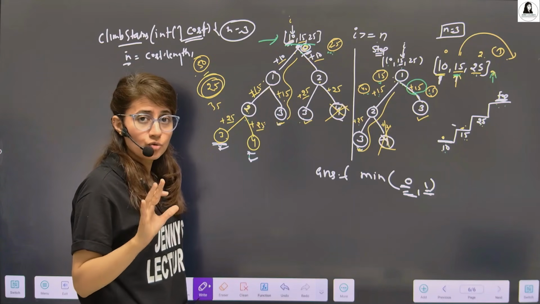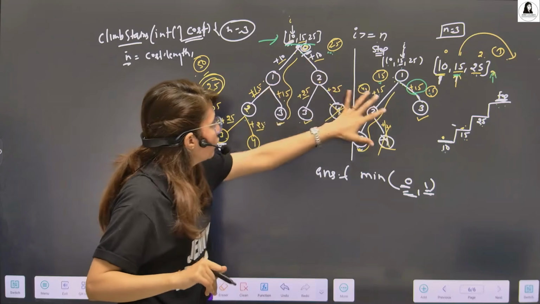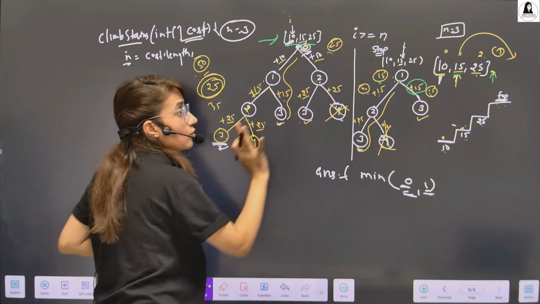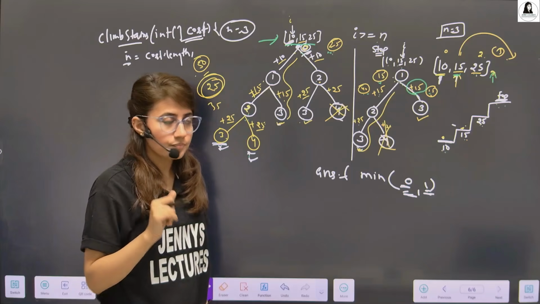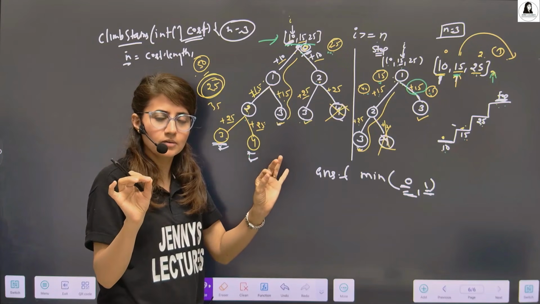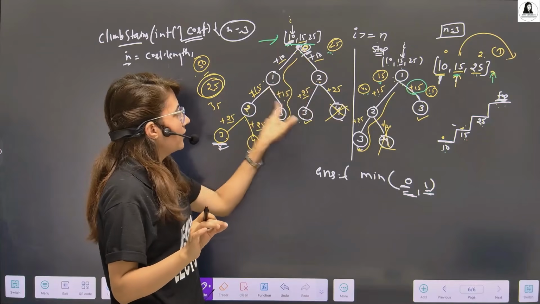That's why, when you have choices, always draw such a tree so that you get a clear idea whether you have repeating subproblems or not. Okay. It's a 1D DP pattern because only one parameter you are passing.